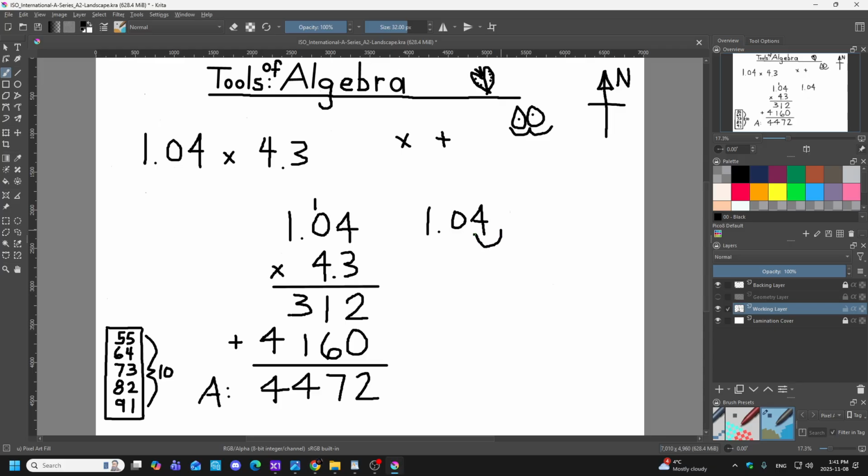We have 2 jumps. Now the 4.3. As you can see, the 4.3 only has 1 jump. 2 plus 1 is 3. This is how many jumps we have for our answer. Always begin from the right side. 1, 2, 3. That's where our decimal goes.